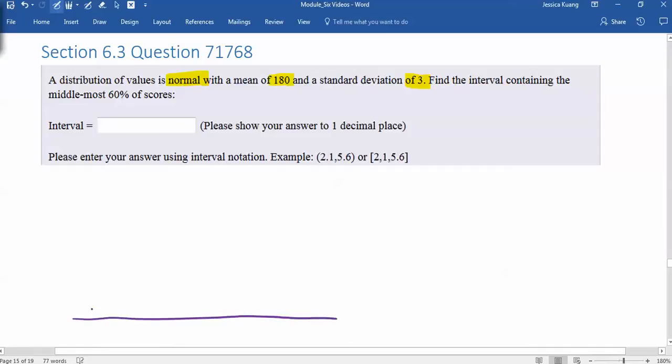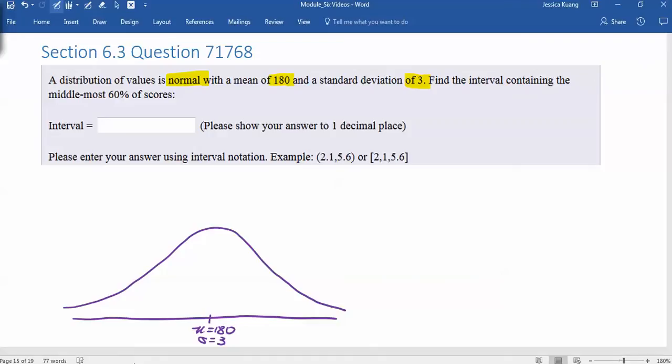So we have a normal distribution, and the mean is 180. The standard deviation is 3. And we're looking for the interval containing the middlemost 60%.